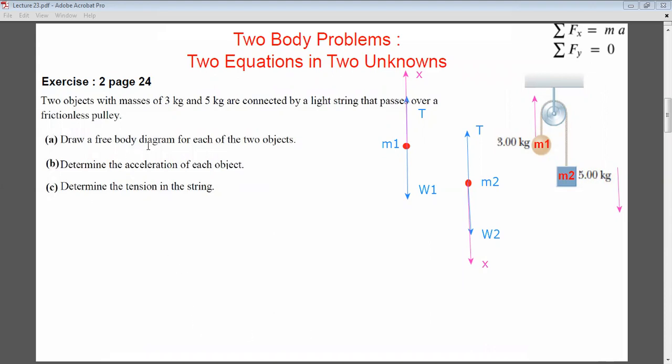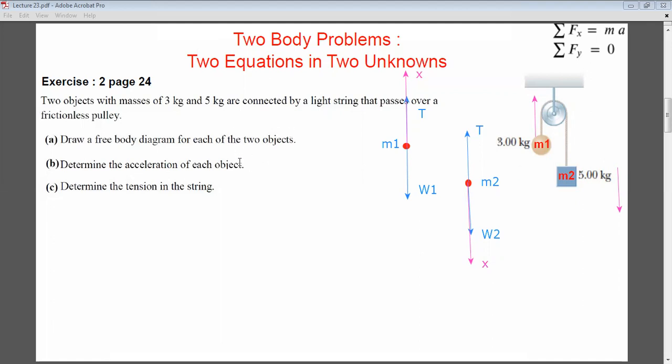Okay, so now draw a free body diagram for each of the two objects. I did it. Now determine the acceleration of each object. These two objects are moving with the same acceleration because they are connected to the same string. Once M2 starts moving, M1 will move with the same acceleration.